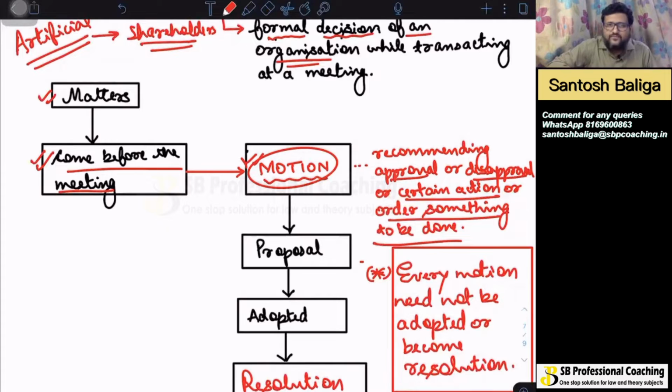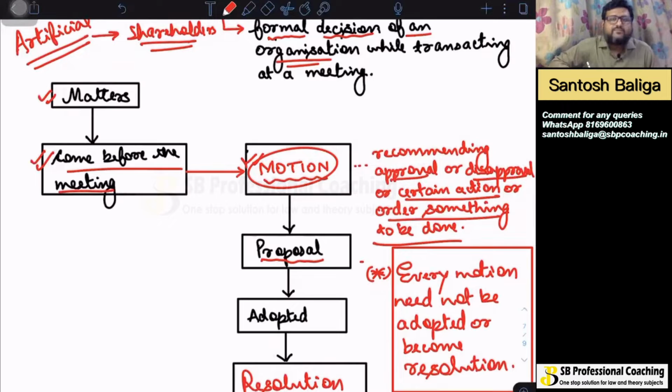This is clear. Once the motion is placed in the meeting, it is also known as proposal, because it is a proposed business item which has been laid in the general meeting by the board of directors. Now, in the meeting, there will be discussion which will be held and voting which will be held. We have already covered voting process and we have understood how it works.